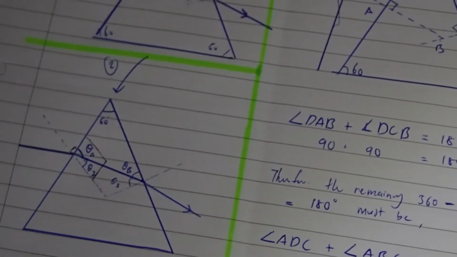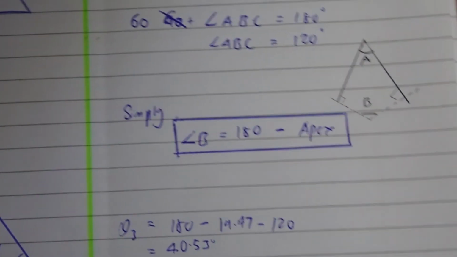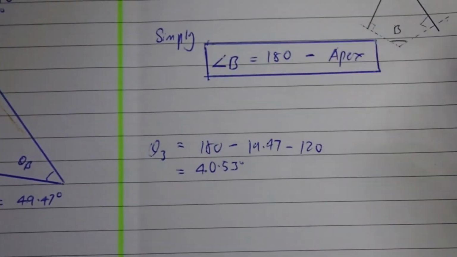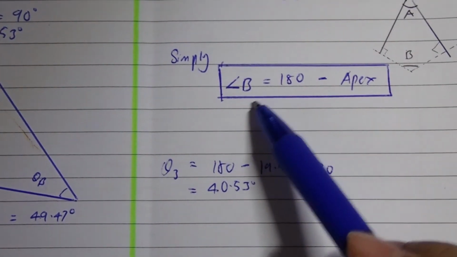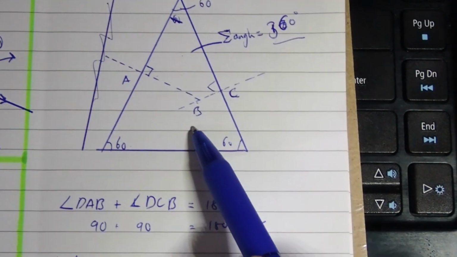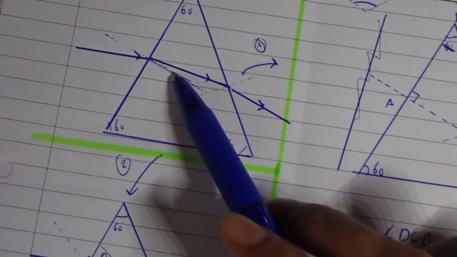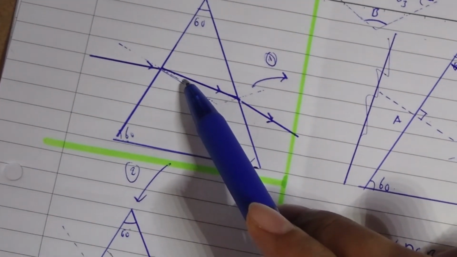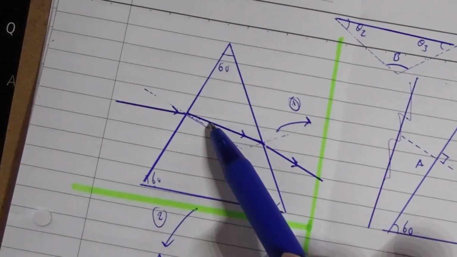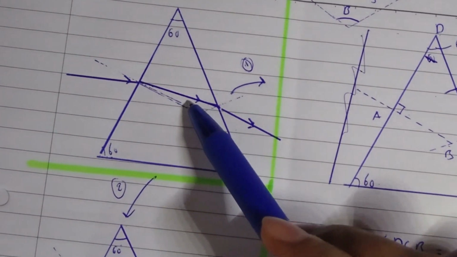Let's continue on with finding theta 3. So we already know the angle B here, which is 120 degree. We also know the angle theta 2, which is 19.47 degree.